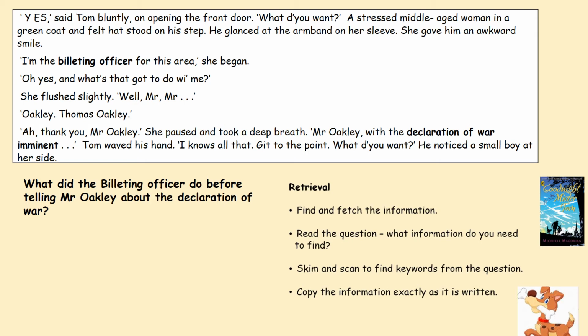The author chose very wisely, that adjective is stressed, when he described her, a stressed middle-aged woman. So we can infer why she feels so stressed, because of the pressure her job placed her under.